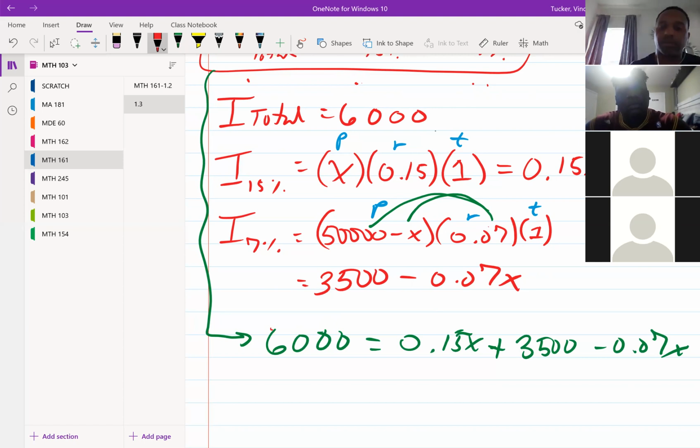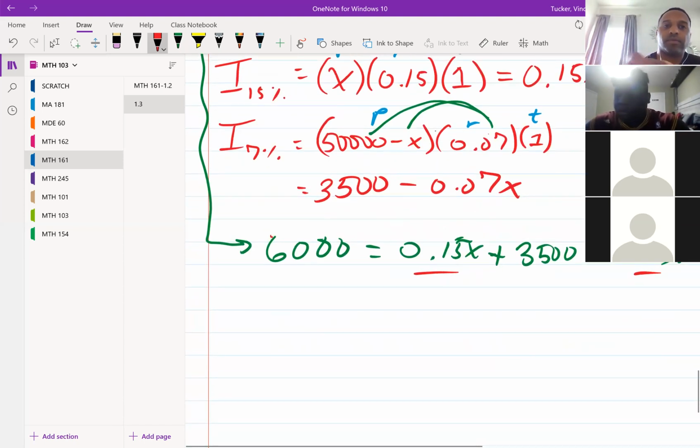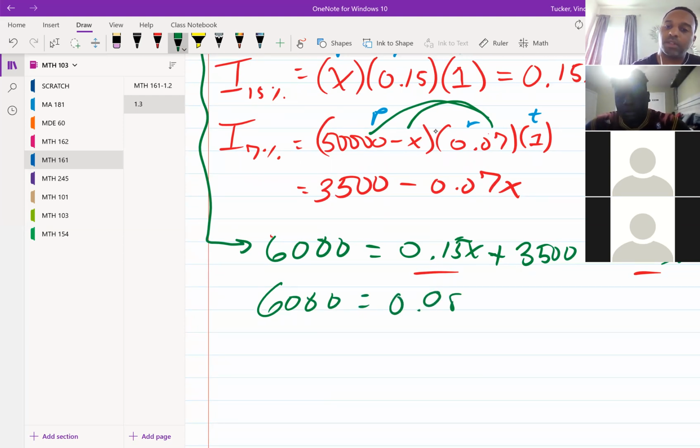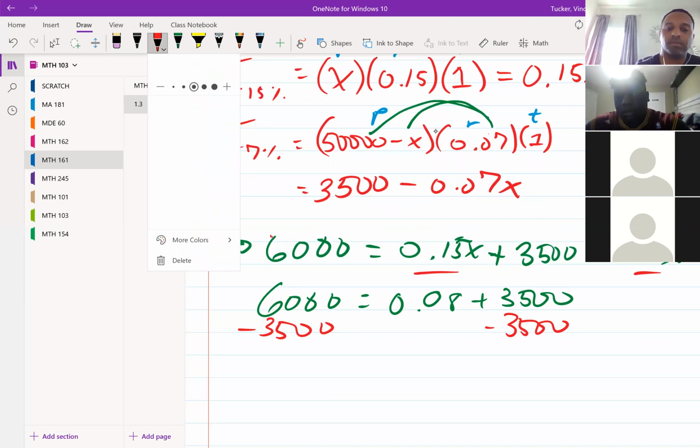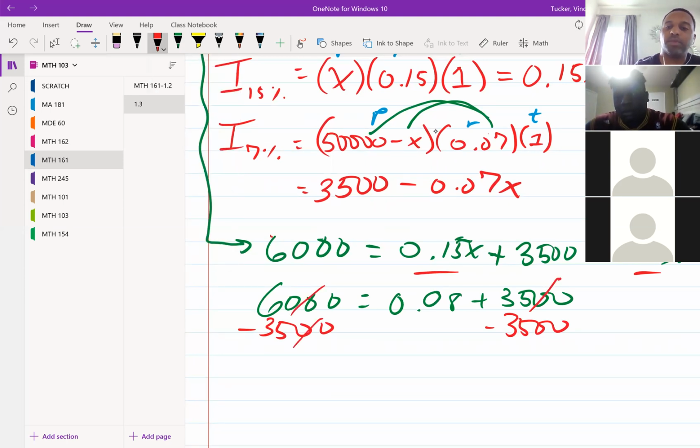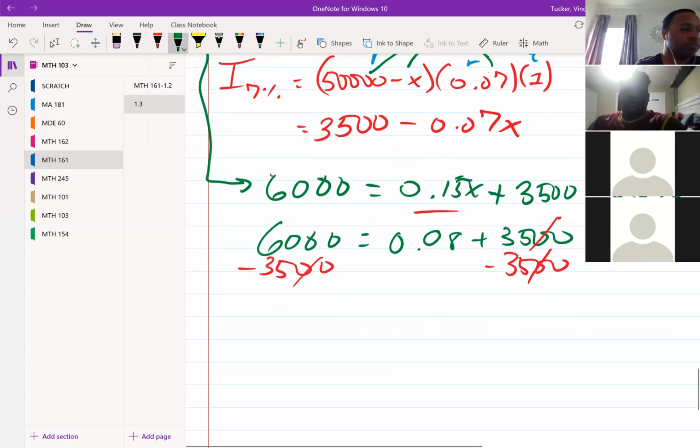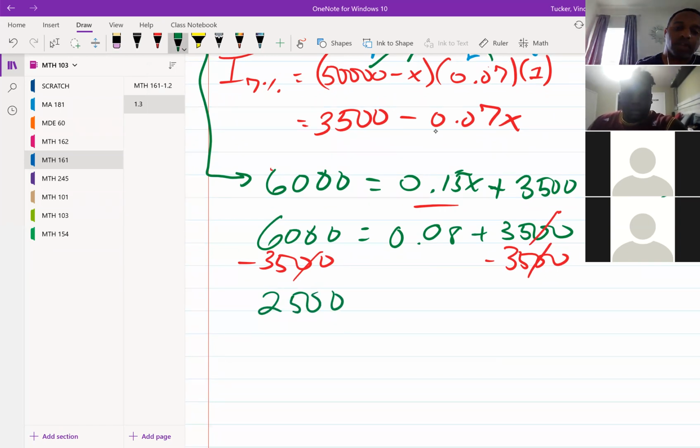All right, so combine your like terms. That'd be 0.08x plus 3,500. Then subtract 3,500. I didn't mean to scratch that one out. 2,500 equal to 0.08x.